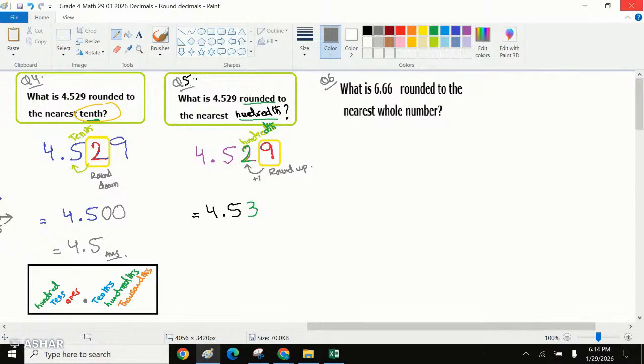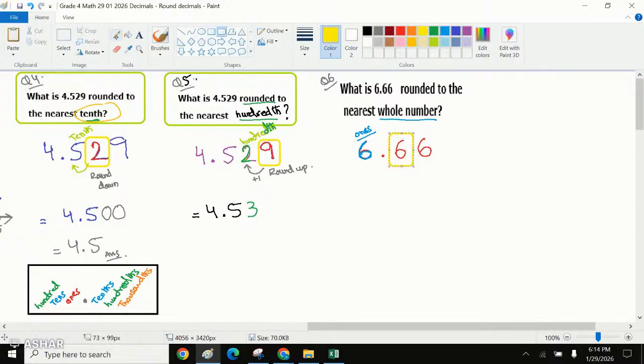We know that when we are looking at the number 6.6, a whole number means we are looking at ones, right? We need to keep the ones. That means we look at the number that is after the ones.